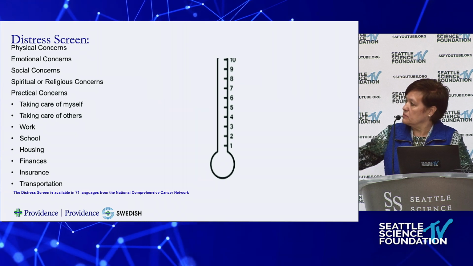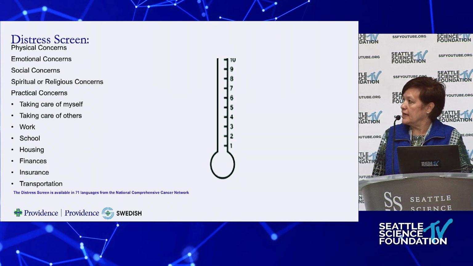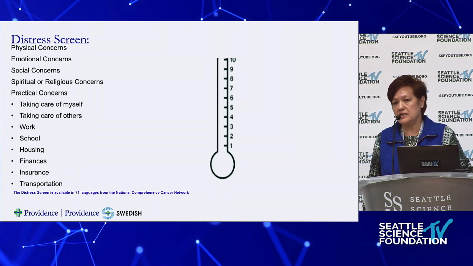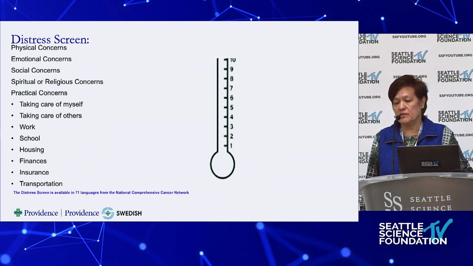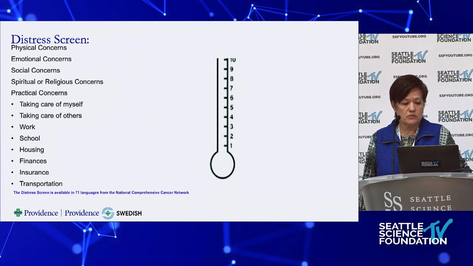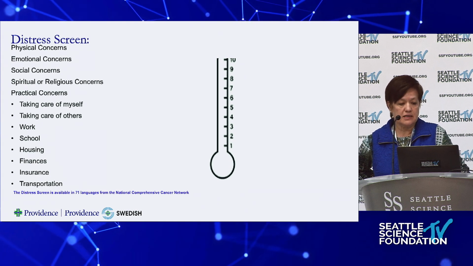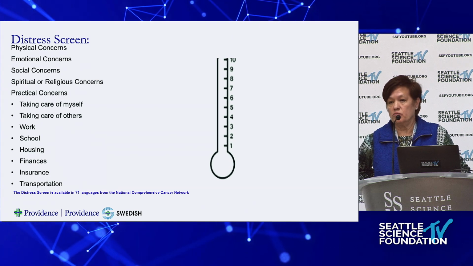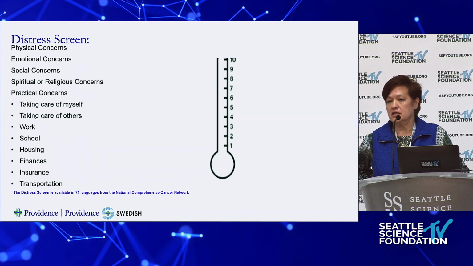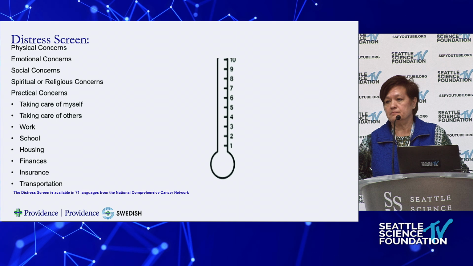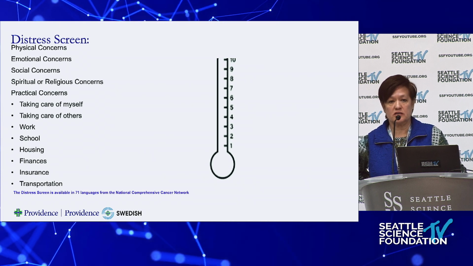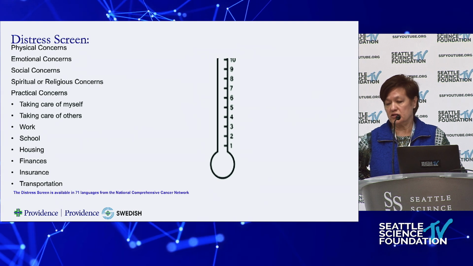And as you can see, these are the main topics on the distress screen that we're looking at to help the patient with any physical concerns. Mostly folks are talking about fatigue, difficulty with sleep. There might be some pain from the craniotomy or from the incision site, but mostly folks are talking to us about fatigue, emotional concerns, coping with the diagnosis, stress of learning the diagnosis, concern for financial toxicity, how this tumor is affecting your ability to work, affecting your family's income.